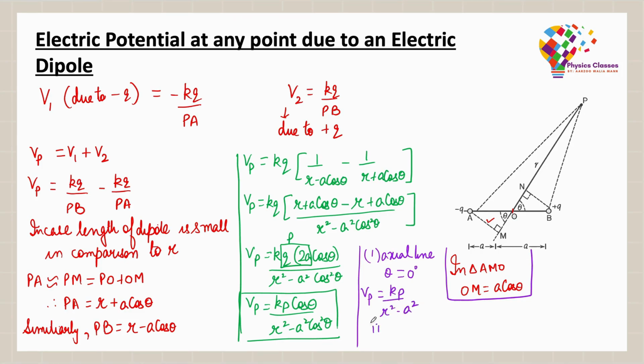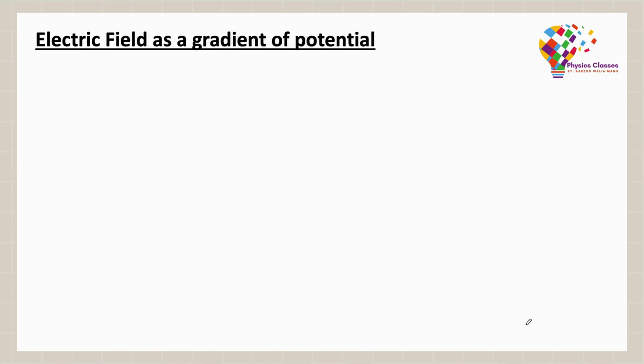And on the second situation, if I talk about the equatorial line, my theta would simply be equal to 90 degrees. Since cos 90 is 0, my VP would be equal to 0. So this is all about the electric potential at any point due to an electric dipole.